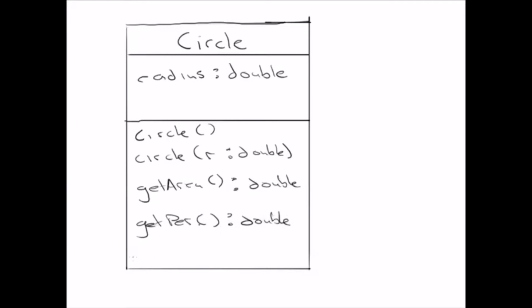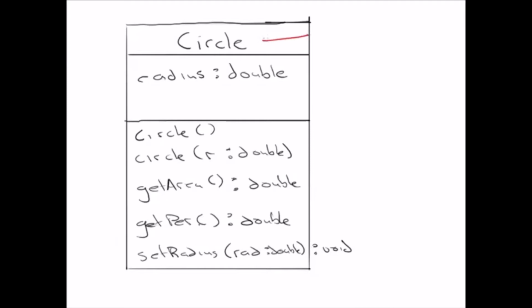We also had set radius, which took in a double, which was the new radius. And that returned void. We should say that. So I've gone out of my lines, but that's okay. So this is what a UML class diagram is all about.